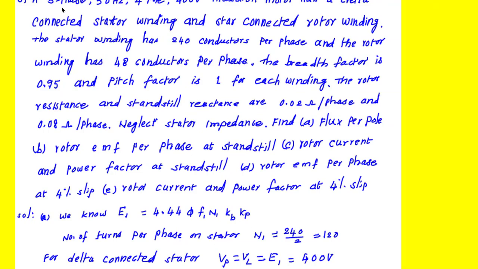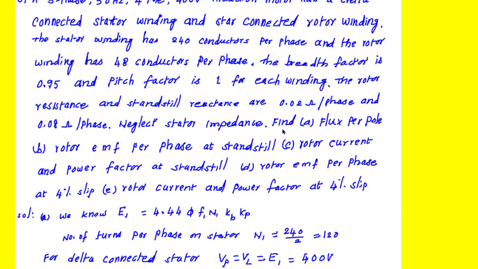So now let us go to the third problem. A three-phase 50 Hz 4-pole 400 volts induction motor has a delta connected stator winding and a star connected rotor winding. The stator winding has 240 conductors per phase and the rotor winding has 48 conductors per phase. The breadth factor is 0.95 and the pitch factor is unity for each winding. The rotor resistance and standstill reactance are 0.02 ohms per phase and 0.08 ohms per phase.